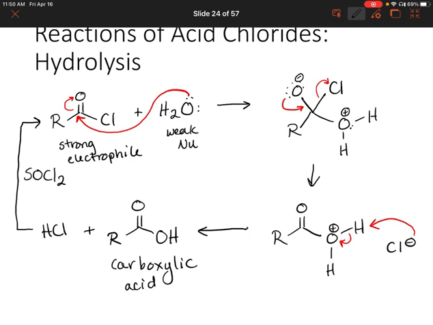Now, I mentioned earlier that hydrochloric acid, which is a byproduct, can be a problem if you have acid-sensitive groups on the rest of your molecule. So one way you can get rid of hydrochloric acid is by using pyridine. And we've talked about pyridine before.